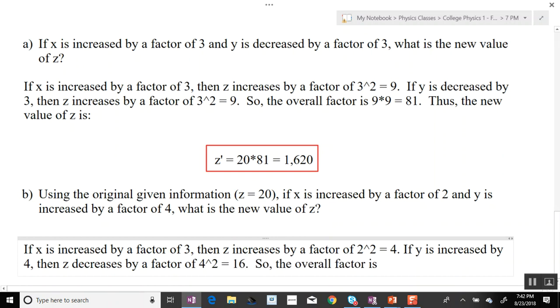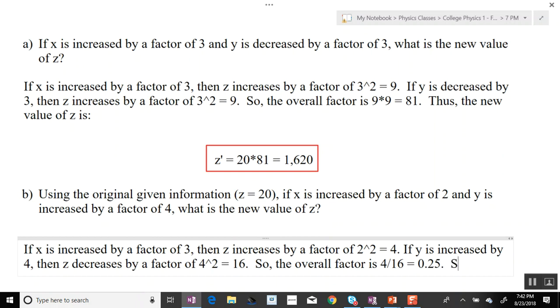So what do you think the overall factor is? x increases z by 4, but y decreases z by 16. So it's 4 divided by 16, because that's how it works. So it's 0.25, 1/4 basically.